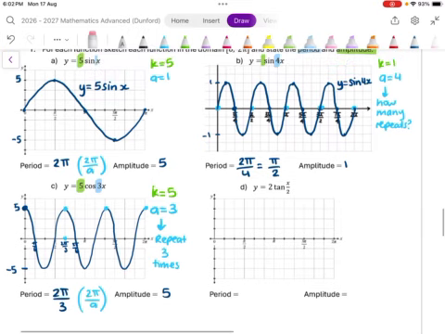Whereas when our period is 2 pi, 2 pi divided by 4, that's pi on 2. So that tells us that we want to go pi on 2 across.